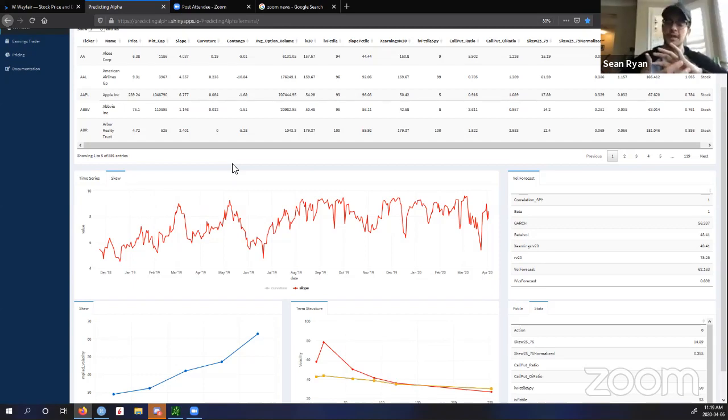At the end of the day, what we're trying to do is say, where do we have an edge? Where can we get better information than the person on the other side of our trade? Somewhere we can really get that in the option space is around volatility. So we have a lot of confidence in the analysis of volatility, and less confidence when you add direction to it. We focus on where we're extremely confident and capture that as much as possible. By doing that, we have the edge in every trade that we take, and that's how we come out profitable overall.